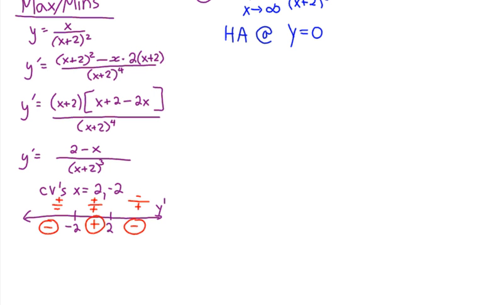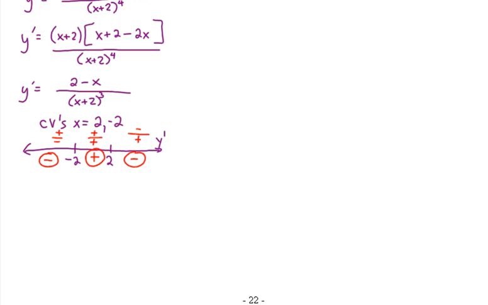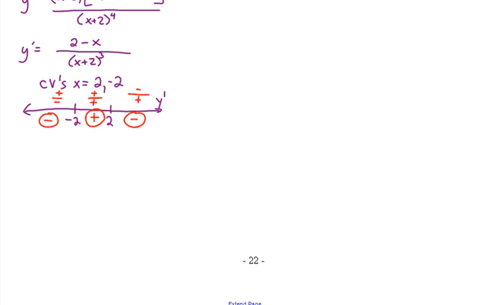Now, a common mistake a student will make is to say, oh, I'm so excited, because if I look at my graph, I have decreasing, increasing, decreasing. I must have a min at negative 2, or I must have a min at 2. But what should you label so you don't make that mistake? Where do we have a vertical asymptote?